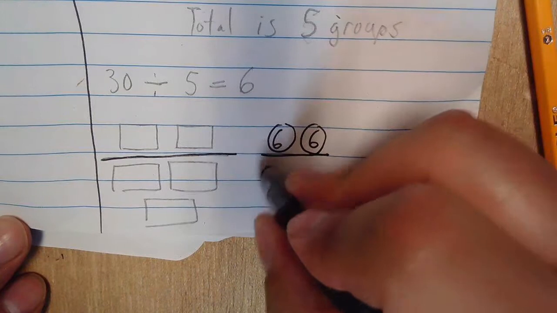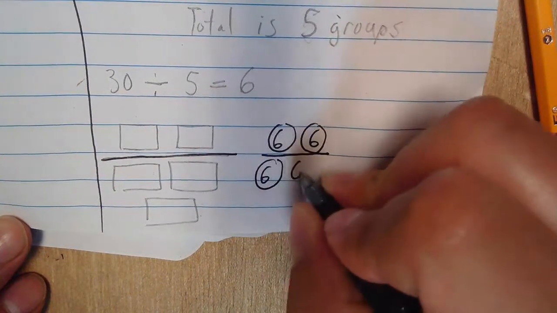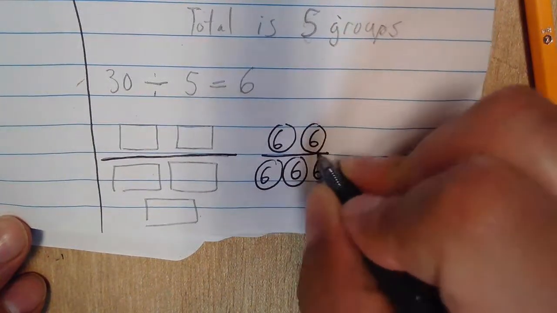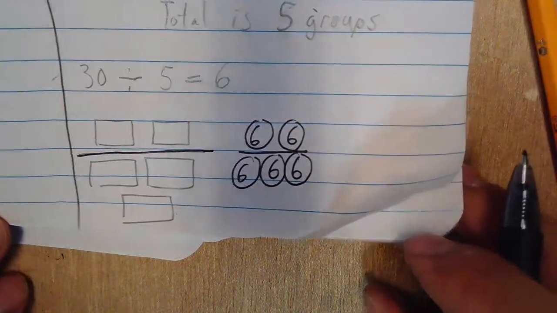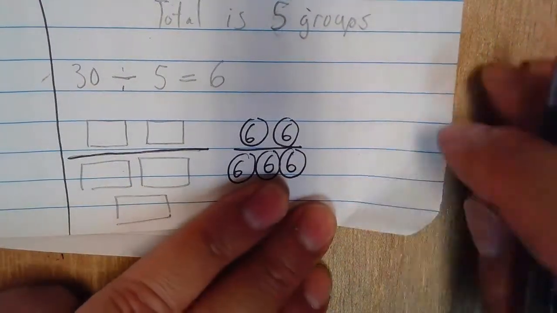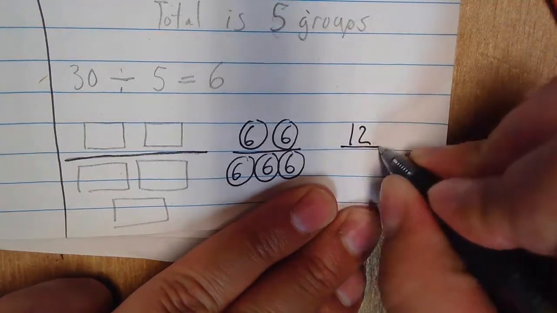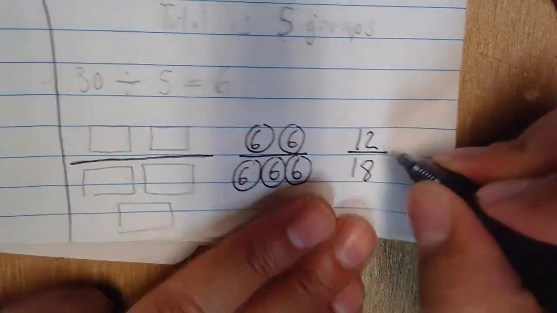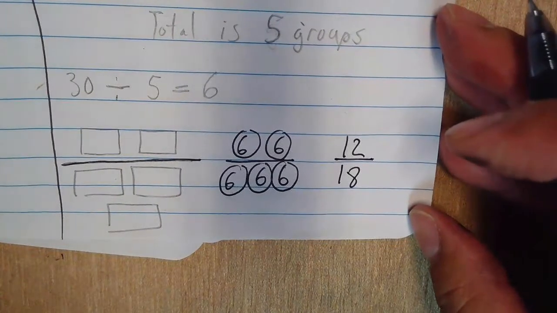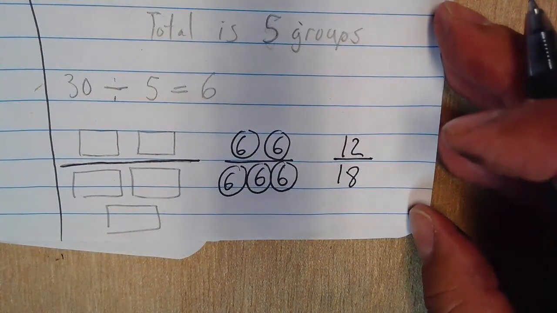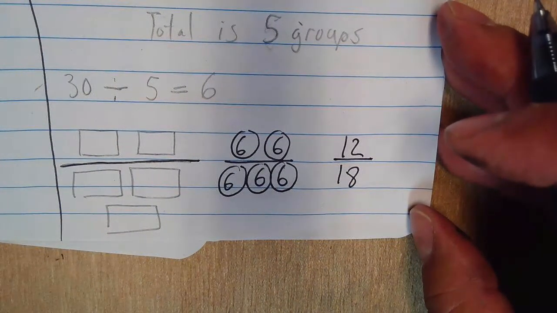I like circles better. That means I have 12 flowers here and 18 flowers here. We're almost done. Hang on. 12 to 18.